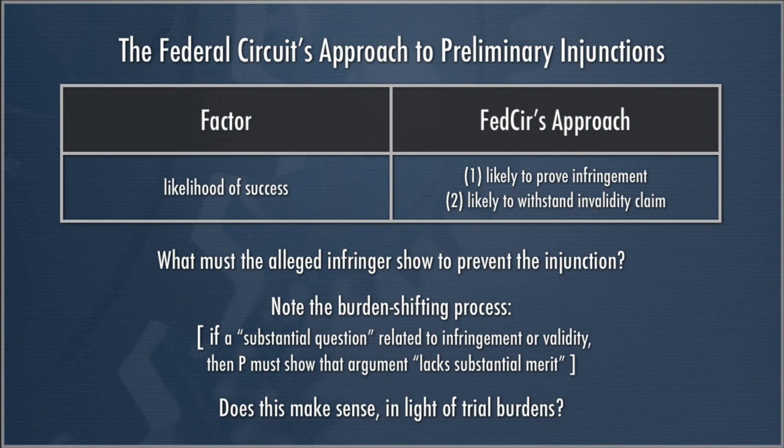So it's a burden shifting process. First, the patentee has to make some sort of showing of likelihood of success, which means likely to prove infringement and likely to withstand a validity claim. If, however, there's a substantial question raised, then the patentee must show why that substantial question lacks merit, right? So it's a shifting burden.